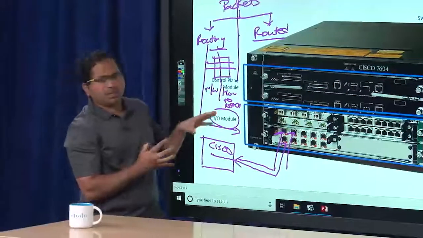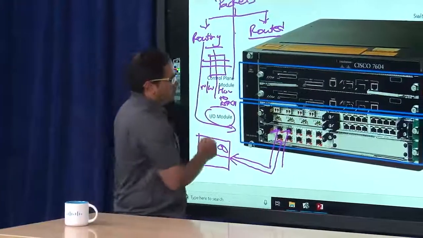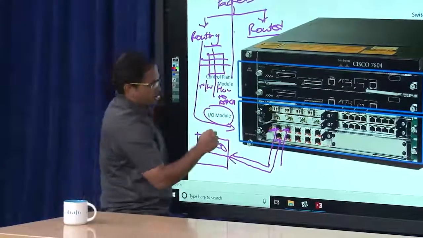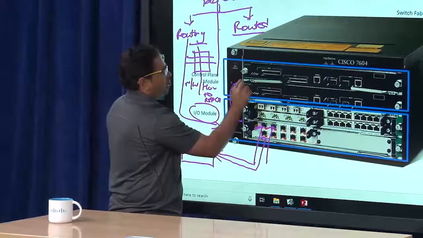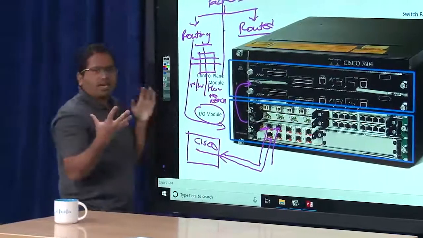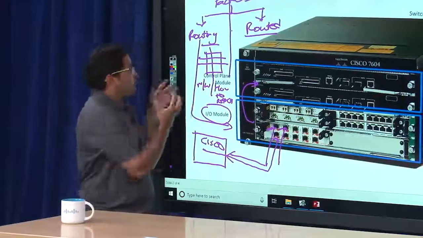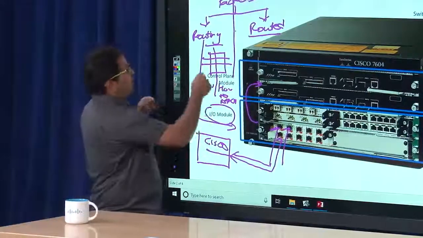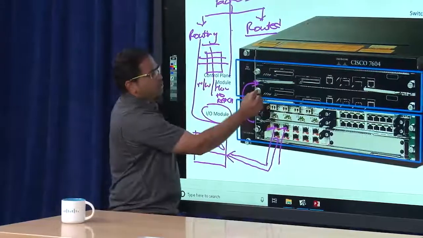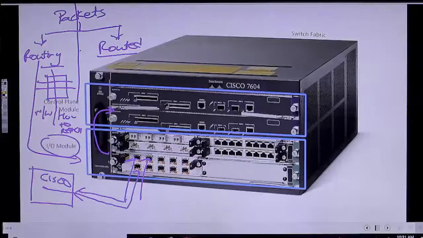This information is what the router actually needs to build up a routing information base. So what the I/O module does is just punch this packet up to the CPU saying, hey, I've got this routing packet. It has some information which might help you actually create a routing table. Can you help me out with this? How is this packet punted to the CPU module? It's using the switch fabric.